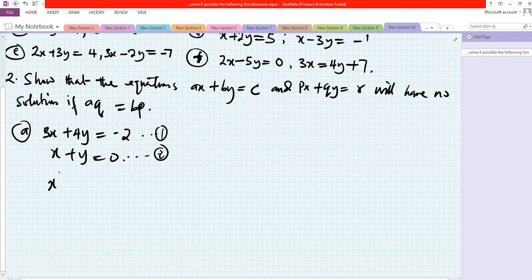If one of the variables or two of the variables have 1 as its coefficient, it is better to use the substitution method. So here the coefficient of x is 1, and the coefficient of y is 1.